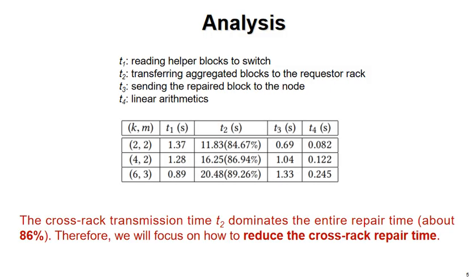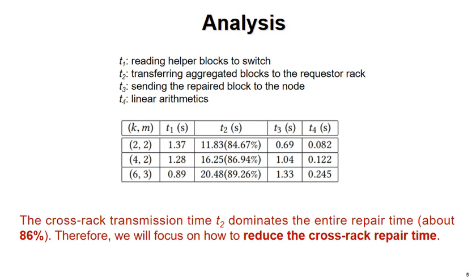To explore the repair bottleneck, we further break down the repair time into four parts. The repair costs are evaluated on Amazon EC2 with 4 rack clusters of type T4G small in Eastern American and Asian regions. One instance acts as the switch for each rack, and the remaining instances are organized as storage nodes.